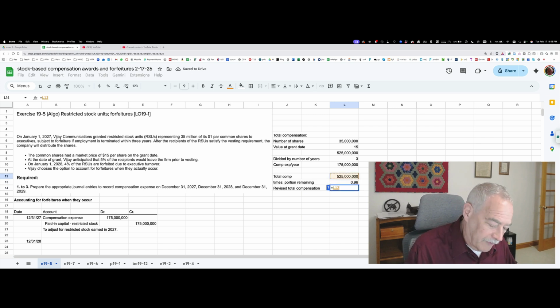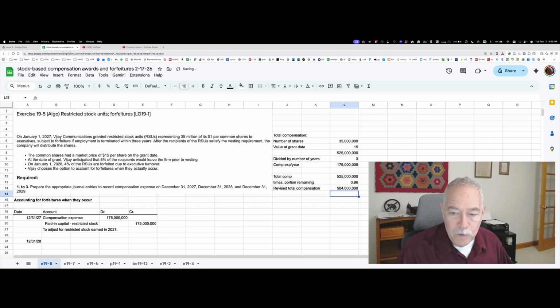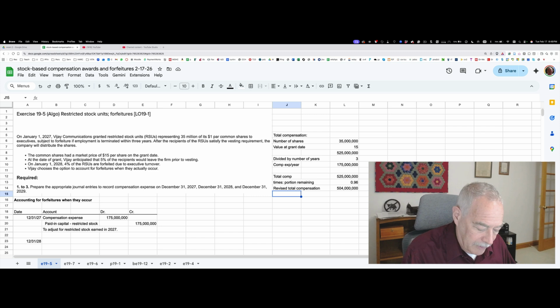The 525 million times 96%, 504 million. And then we divide that by years, 3, equals comp per year.